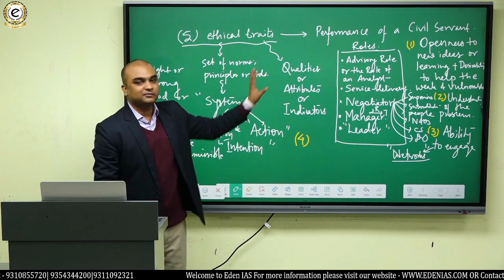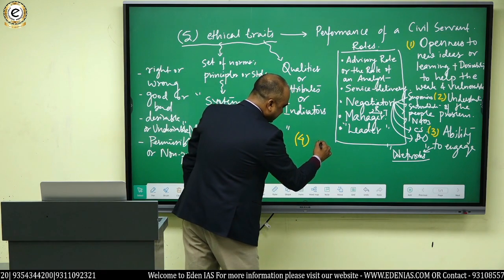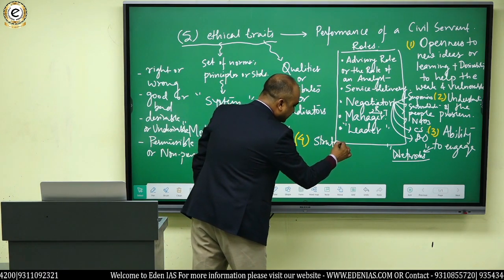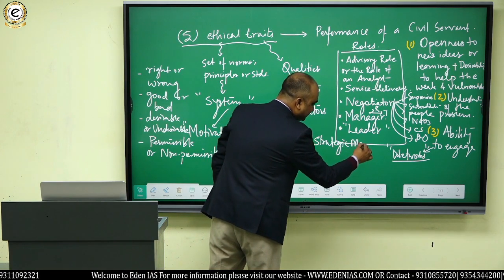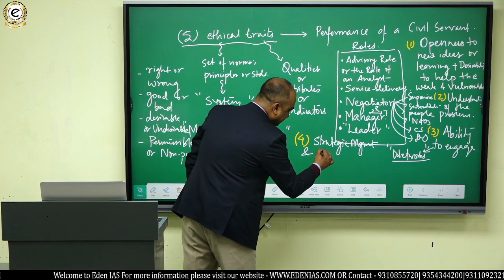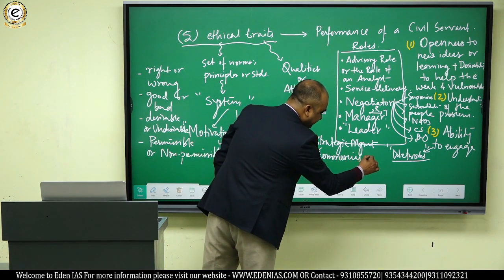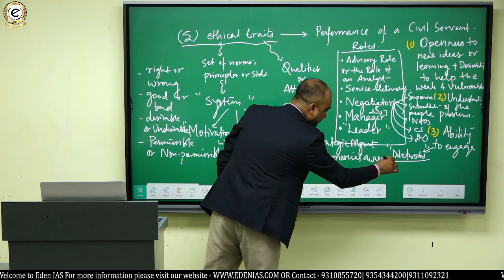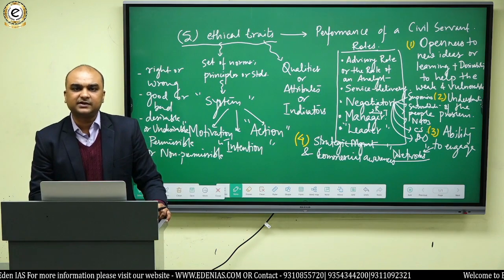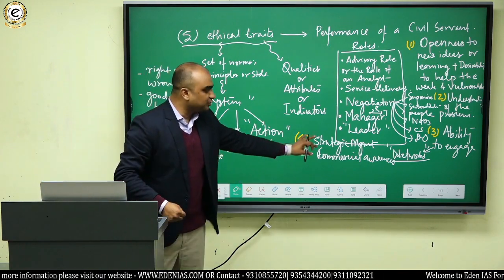Then the fourth quality, or the fourth attribute, that we are looking for when evaluating the performance of the civil servant is how good he is with respect to strategic management, and how much his commercial awareness is. Now, what is strategic management? Strategic management, friends, is nothing but management of resources in hand and the management of time.